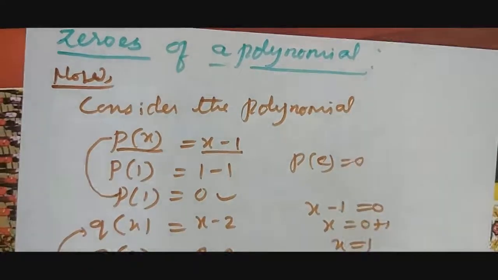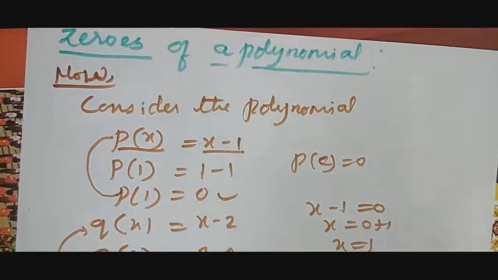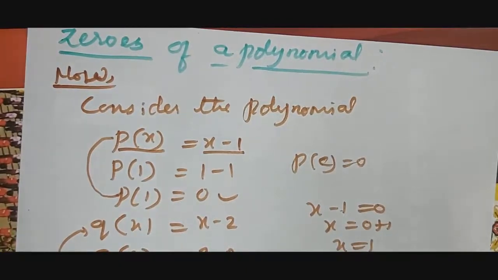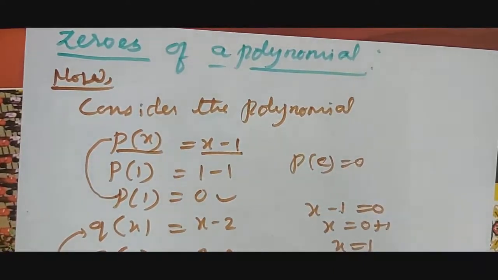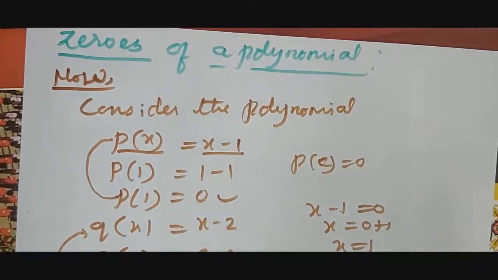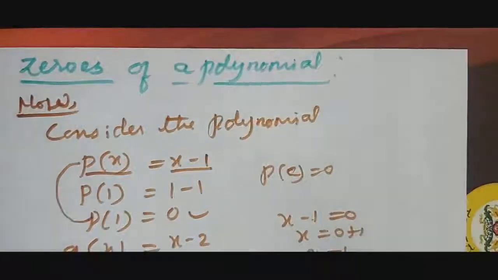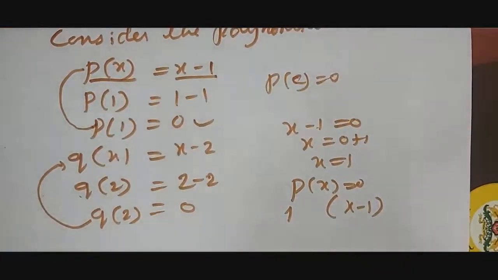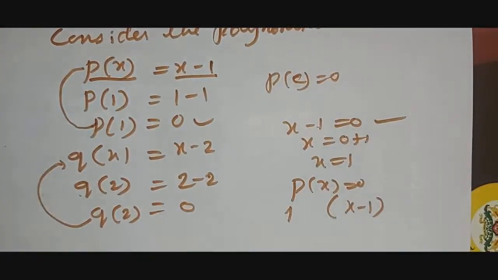We say that p of x is equal to 0 is a polynomial equation and 1 is the root of this polynomial equation. So we say 1 is a zero of the polynomial x minus 1 or a root of the polynomial equation x minus 1 is equal to 0.